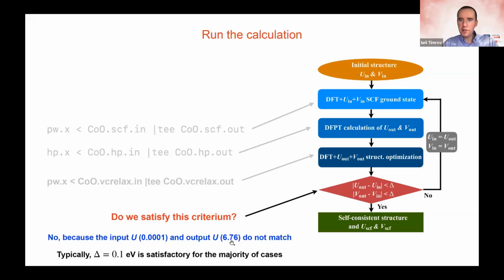And typical accuracy on the Hubbard U is 0.1 eV, which is very good for the majority of applications. So if we take the difference between 6.76 and 0, we get too big an error. This means we need to go back in the cycle and do one more iteration and see where we come.